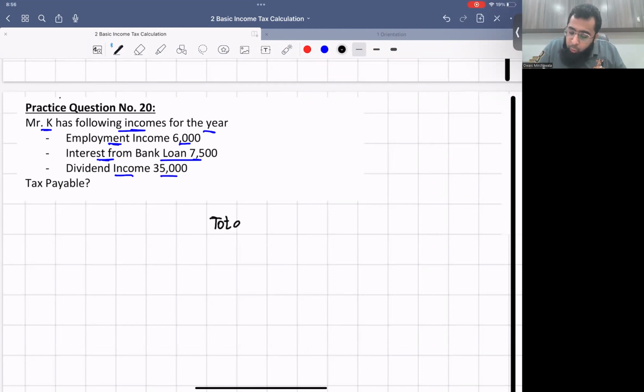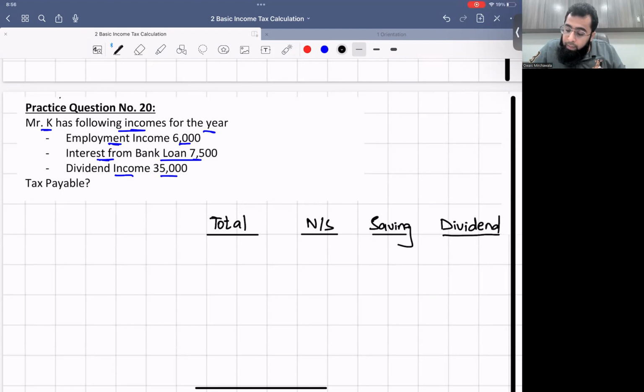One column is total, then non-saving, saving, and the last column is dividend. I want you all to concentrate on it. Now, employment income. We will put it in total and in the column of non-saving.